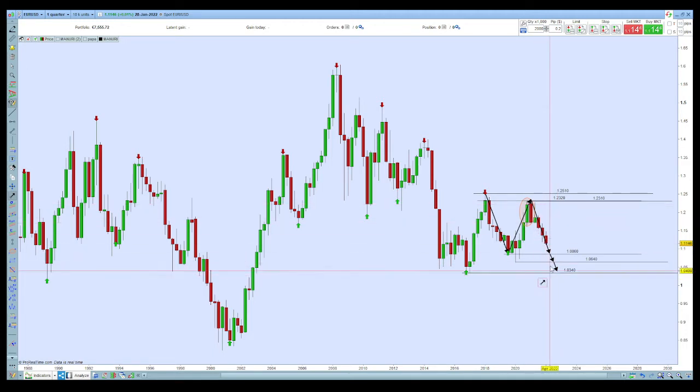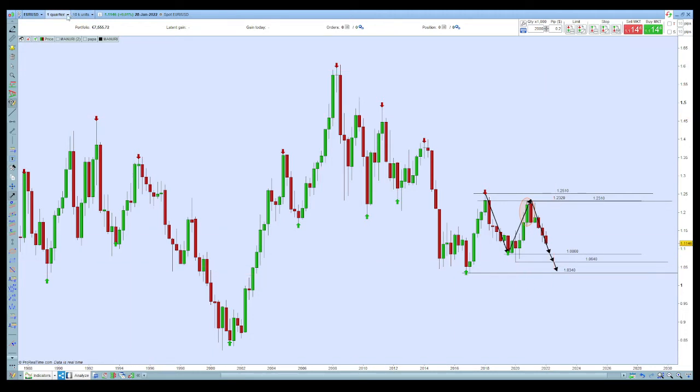Okay, so this is what we are looking at, a bearish momentum. And if we see the market stopping at 1.0860 and we have a bullish engulfing pattern here, I will post a video and have a look. But right now I think we are heading to 1.0340 for the Euro USD.